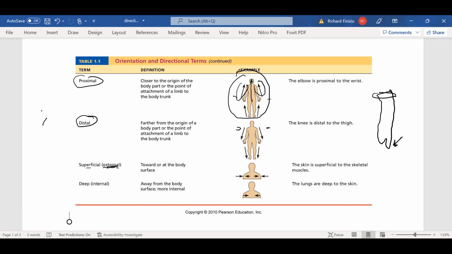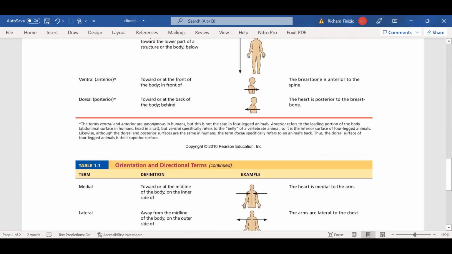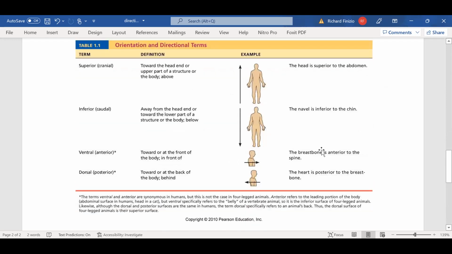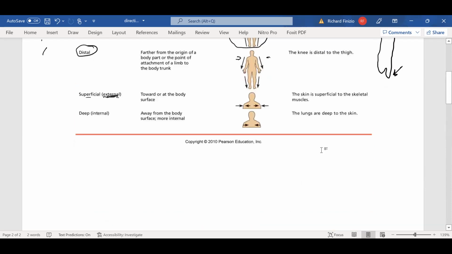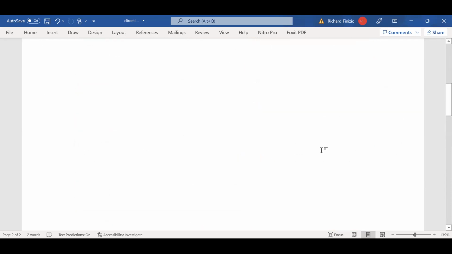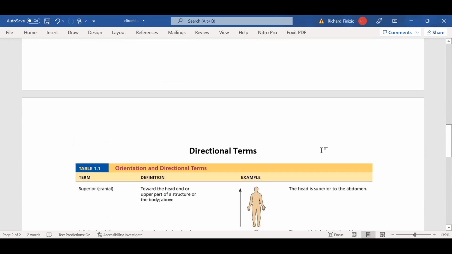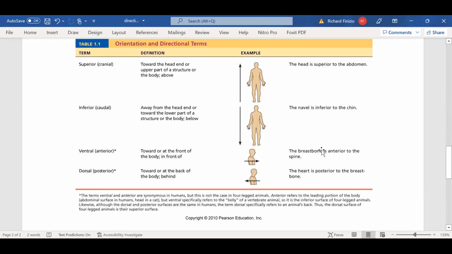So superficial and deep is probably going to come into more effect when we do the muscles. So just take a look at some more.